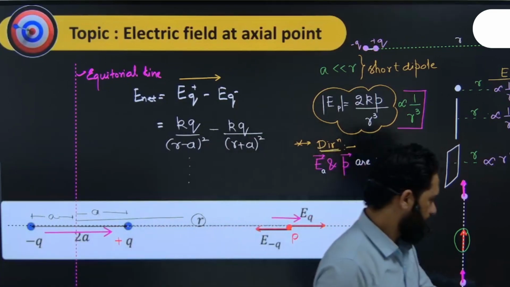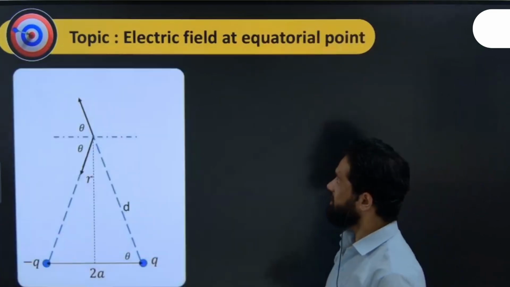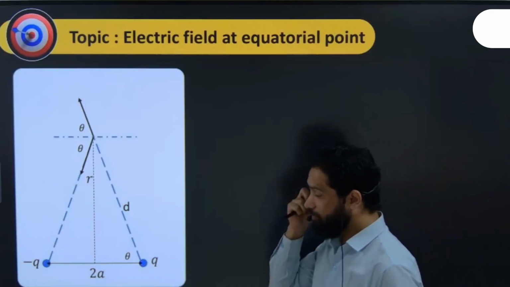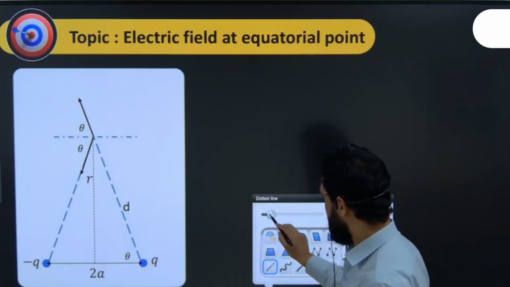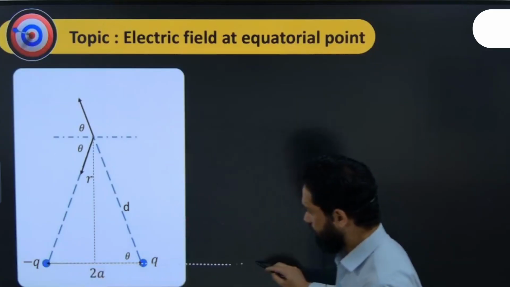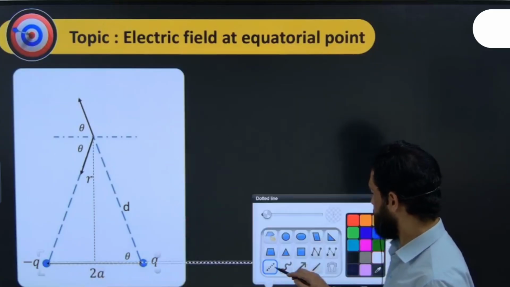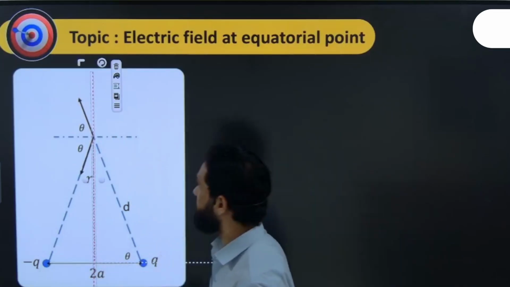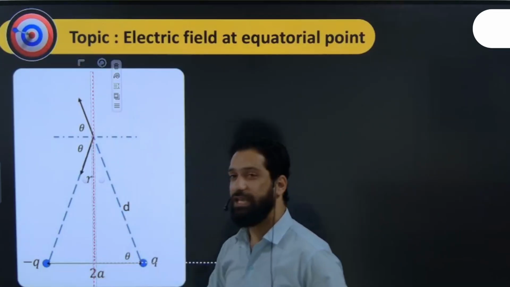Now we will go and see what is the next discussion, that is electric field at an equatorial point. Now what is this equatorial point? As I said, there is always one line which passes through the axis, we call it the axial line, but there is also another line which passes through the midpoint as well as perpendicular. This one is called the equatorial line.